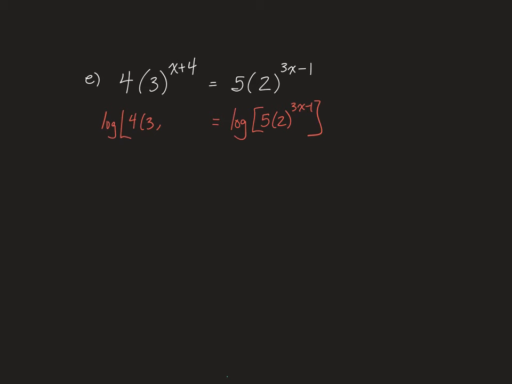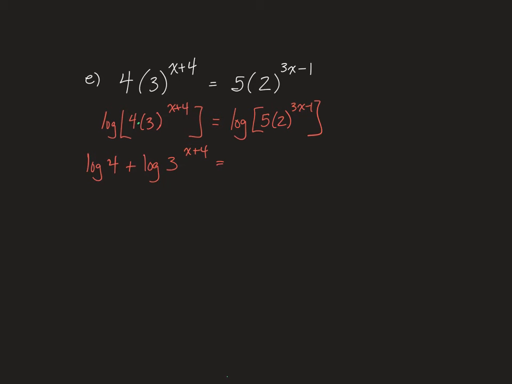Now, I'm just going to go through and clean that up a little bit. There we go. So on the left side, you'll notice that I do have multiplication on the inside. And I know how to break apart a log if I have multiplication on the inside. I know that I can break that up into the addition of two logs.